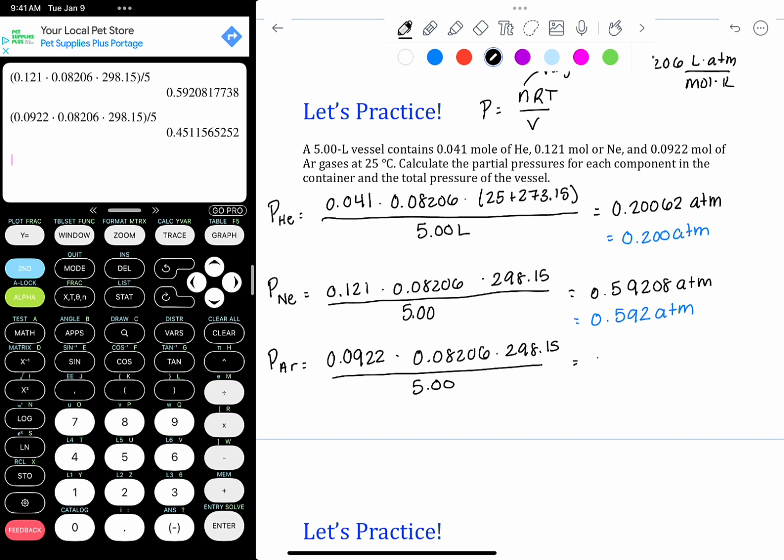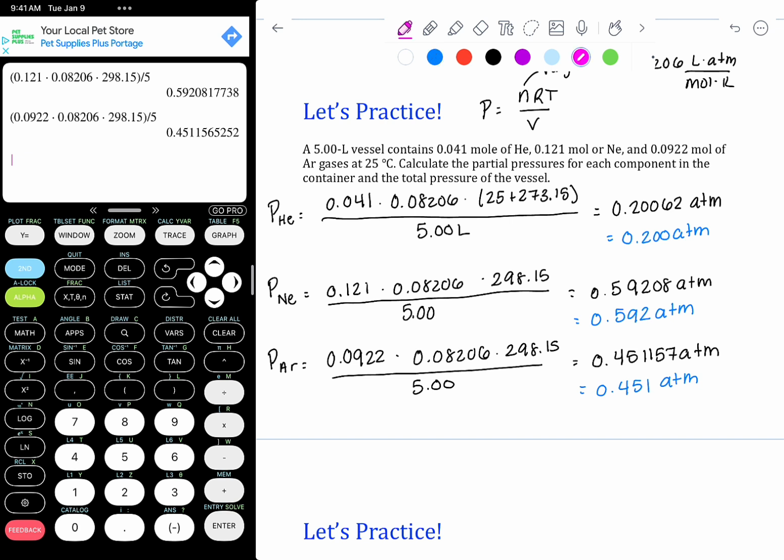So that's 0.451157 ATM. With sig figs, 0.451 ATM. Okay, so those are the individual partial pressures for this problem.